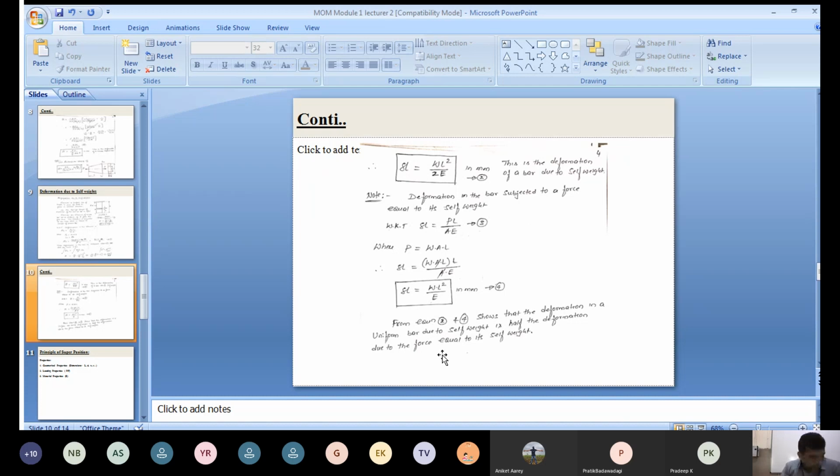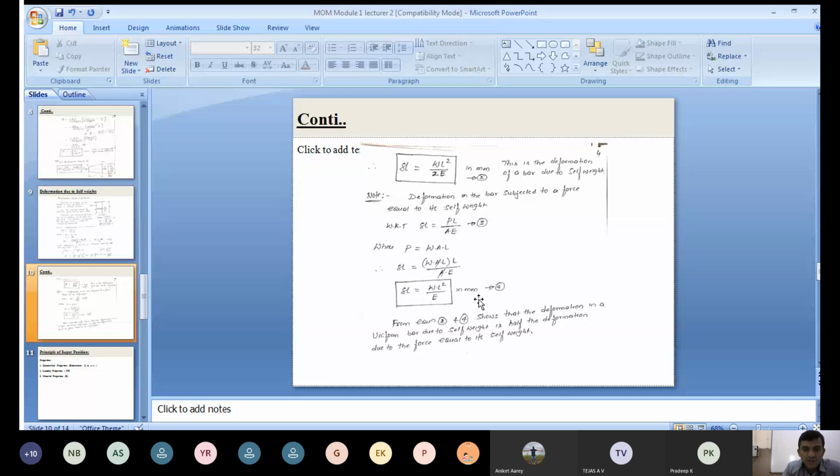Yes, Tejas? Yes, sir. Now tell me, compare these two equations, equation 2 and 4, which one will deform more? Equation 3, sir. Equation 3 is the general formula. We are comparing only equation 2 and 4. See, WL square by 2E is there in equation 2.